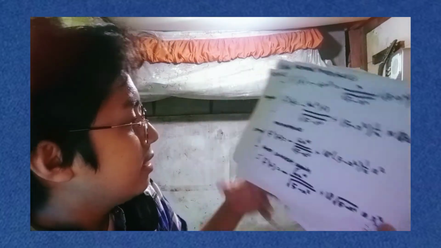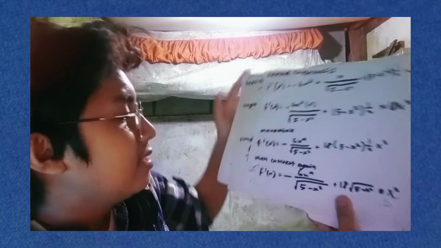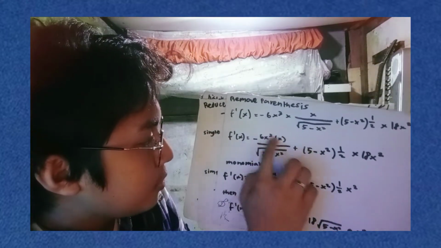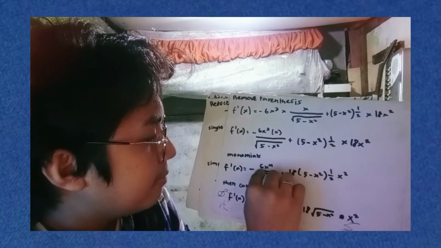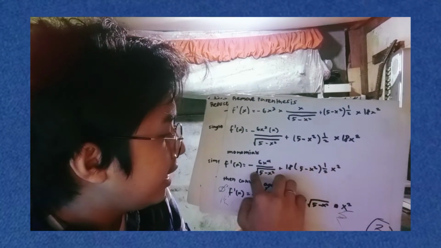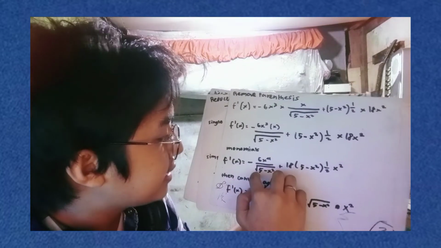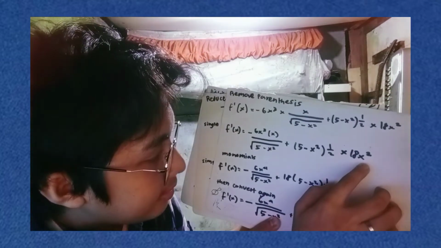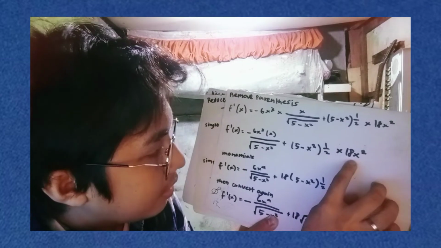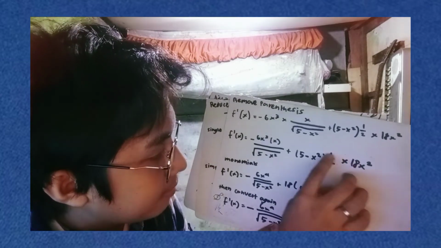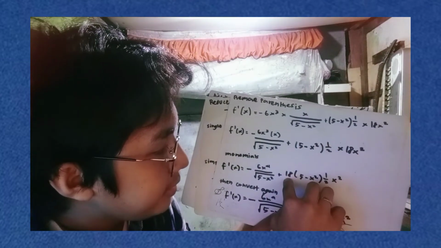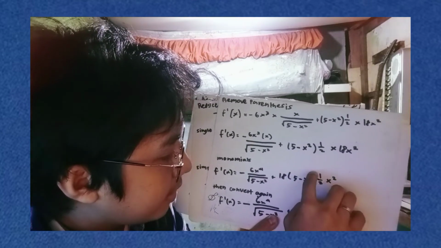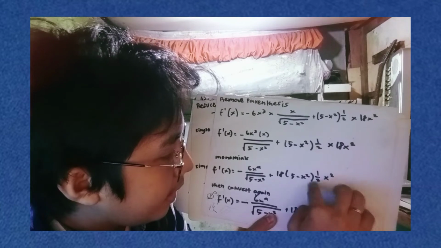So next is to solve the following monomials. Multiply those two, the 6x cubed and x, then it will become 6x raised to the 4th power. The denominator part stays the same, 5 minus x squared, plus the 18 here will go here, then 18 times the quantity 5 minus x squared raised to 1 half times x squared.